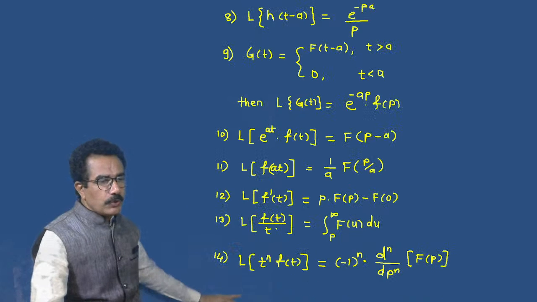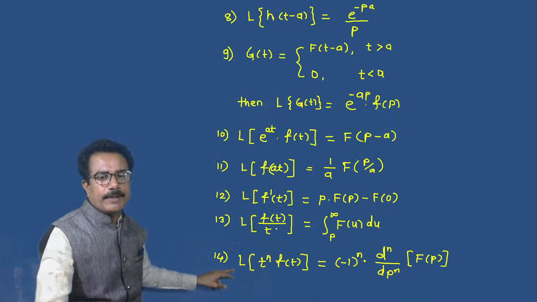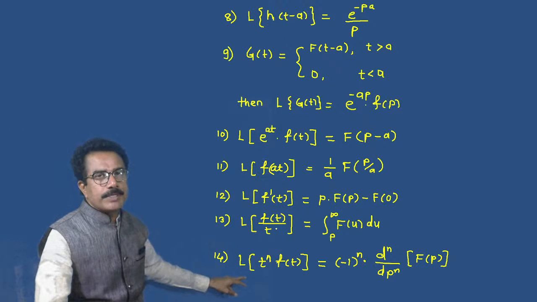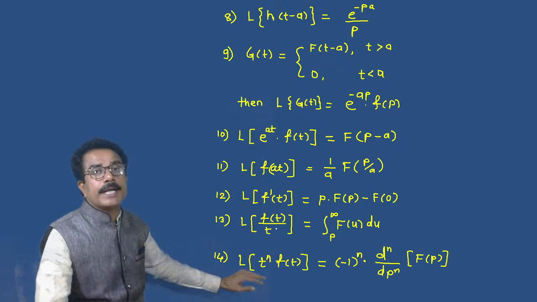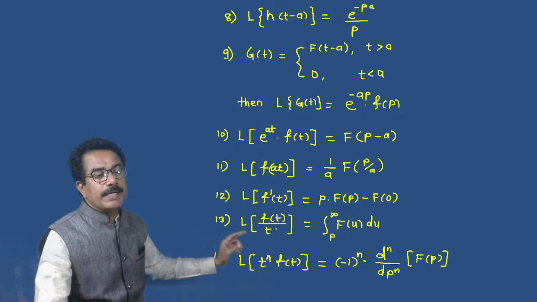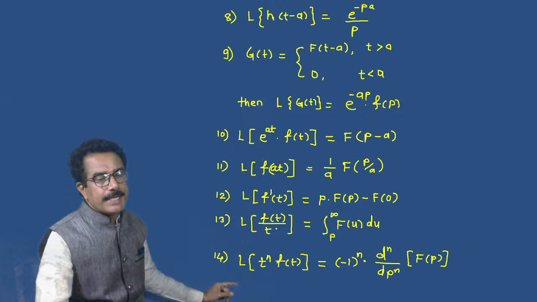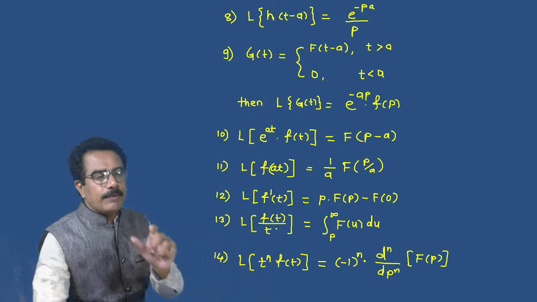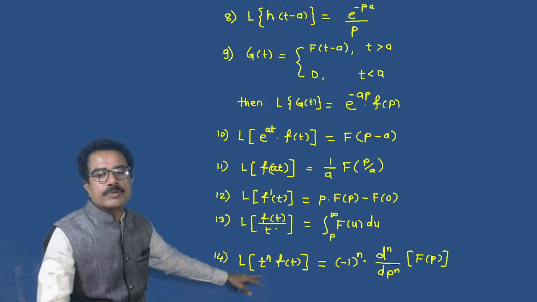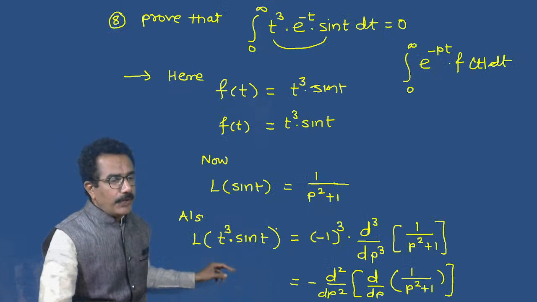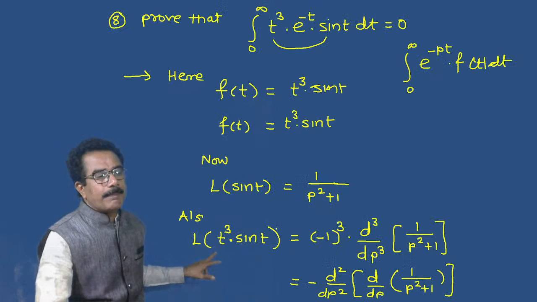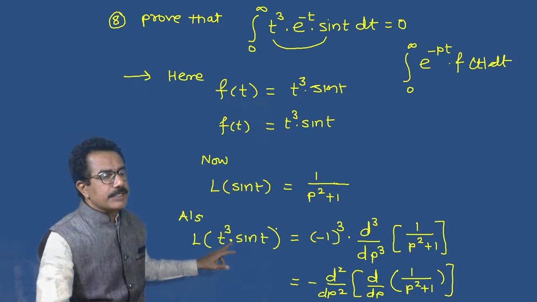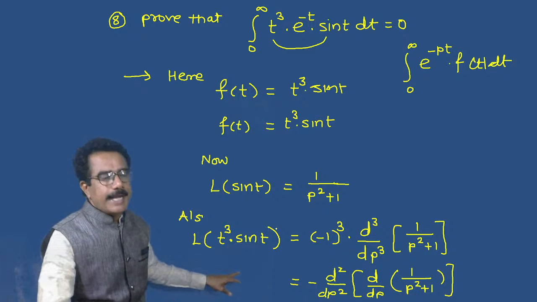Here we have to use the formula number 14: the Laplace transformation of t raised to n f of t is minus 1 raised to n d n by dp raised to n of capital F of p, where capital F of p is the Laplace transformation of small f of t.